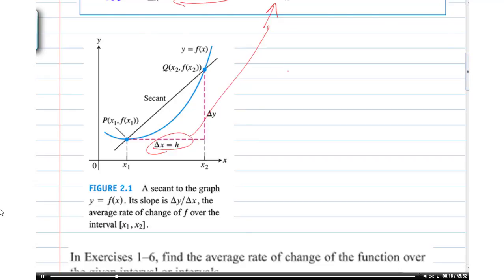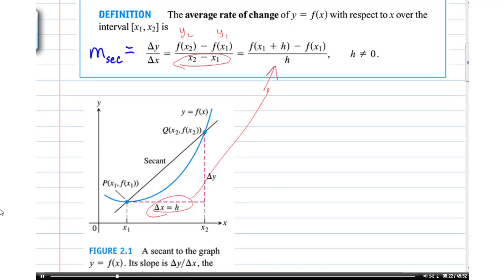We're looking at this picture, the slope of the secant line. There's the secant line, and we end up with these points from delta y over delta x, which is f of x2, that's this y value right here, minus f of x1 all over x2 minus x1.